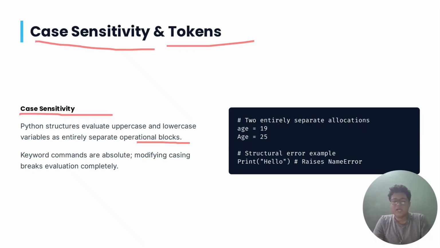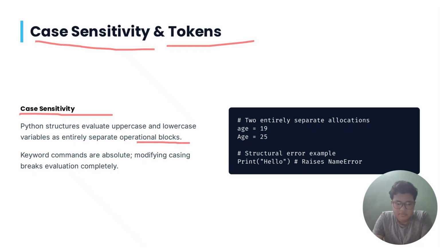If we write print with the first character as capital P and then small, it raises an error, because print has to be fully written in lowercase. This is the case sensitivity.